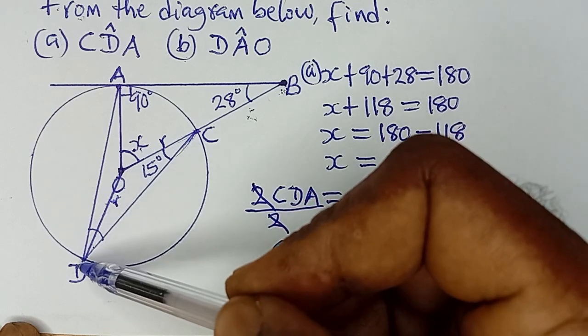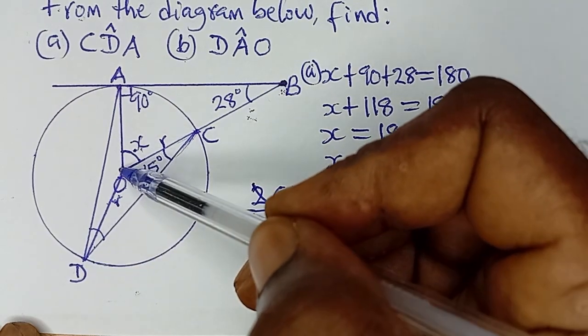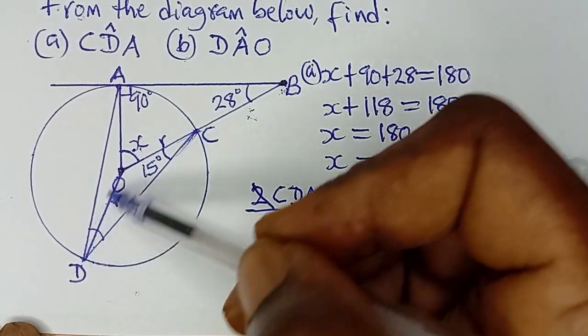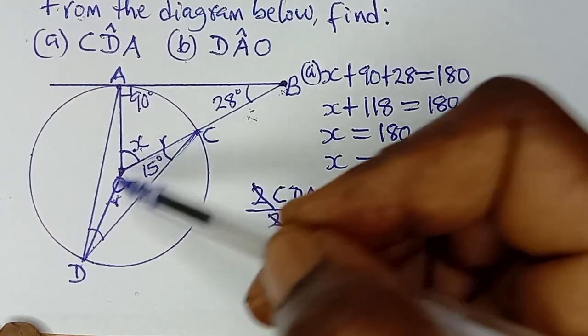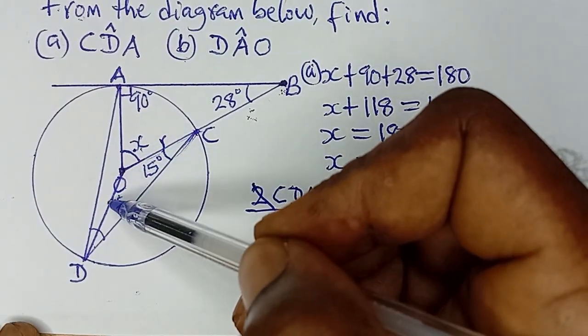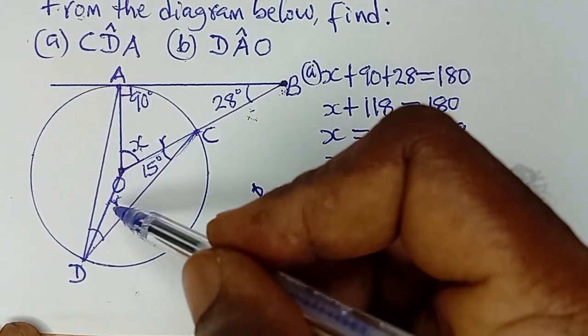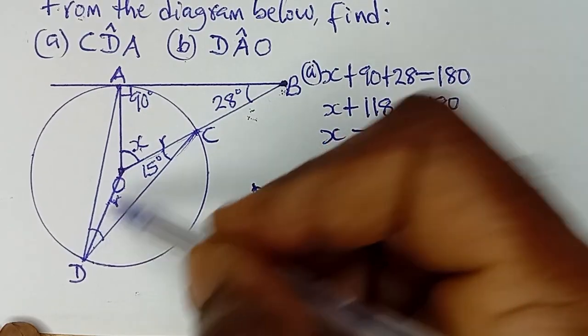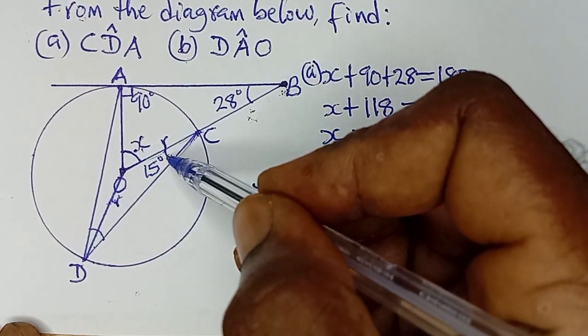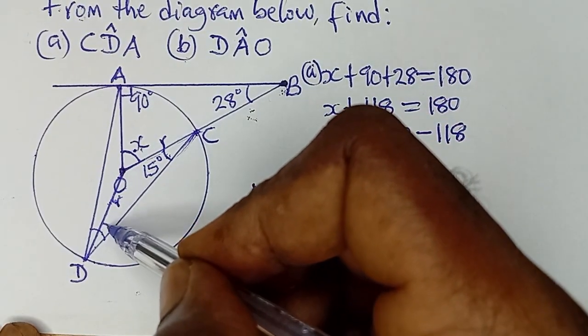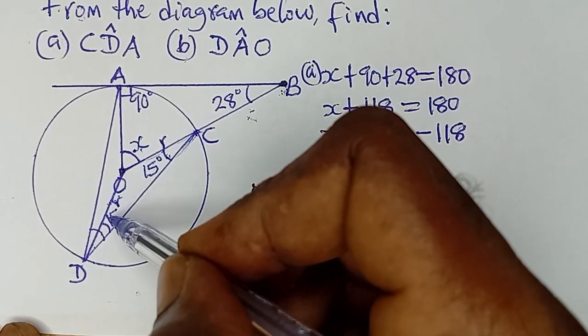So this triangle DOC is an isosceles triangle because these two sides, the radii, are equal. And the base angles of an isosceles triangle are equal. So if this angle is 15, then this angle here is also 15.